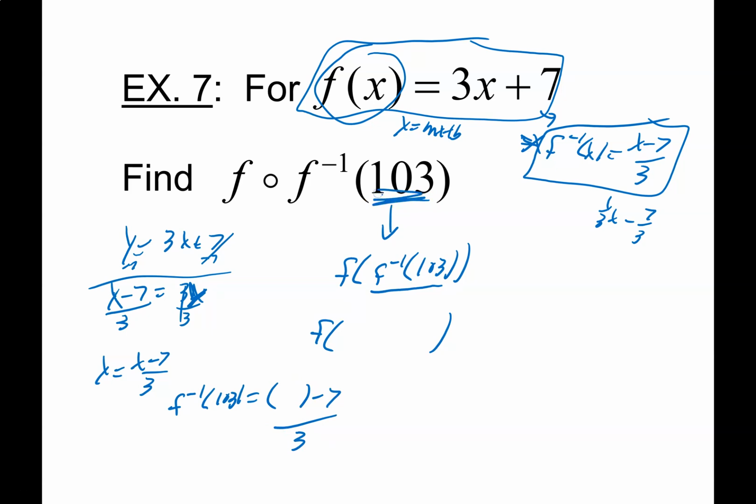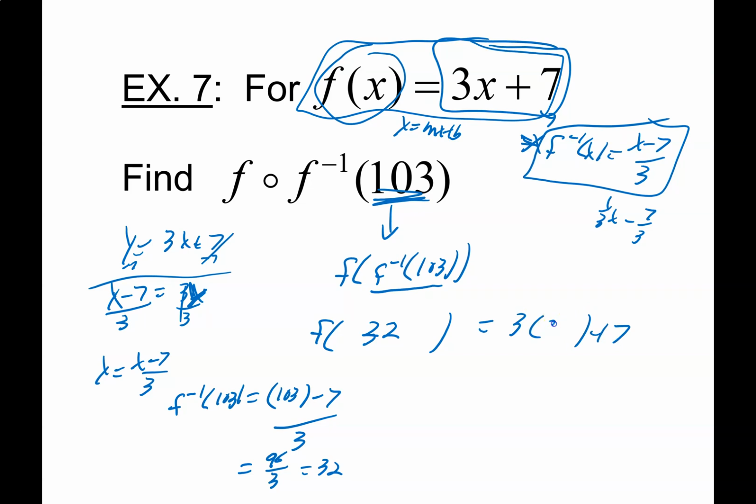That something is going to be the number 103. 103 minus 7, I believe, is 96 over 3, which is 32. And if we plug that into f, f says take 3 times something and add 7. 3 times 32 is 96 plus 7.